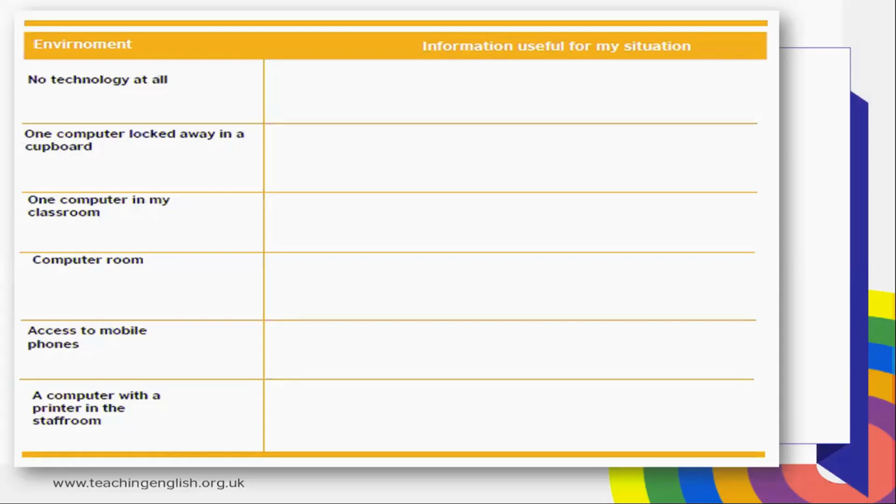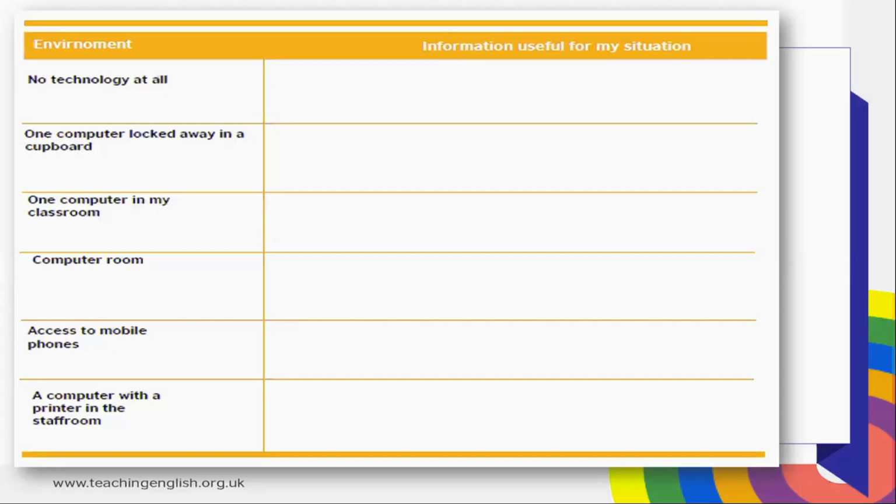Okay. Access to mobile phones. Do you have that, as for you and your learners? No, for learners, no. They aren't allowed to take their phones to school. It's forbidden for learners to use them in class. Okay, let me ask it another way.